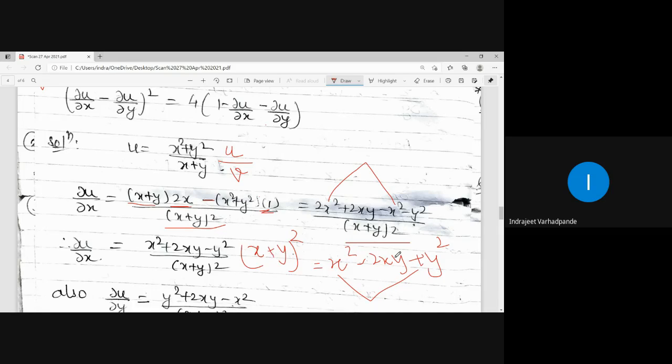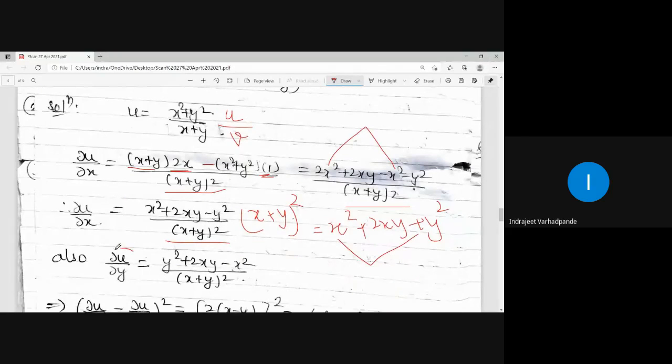If it is (x plus y) whole square, it will be plus 2xy, right? So never ever write it into the whole square form if you see a term like this. Before you do any simplification, please check the signs, right? So del u by del x will be (x square plus 2xy minus y square) upon (x plus y) whole square. I keep it as it is.